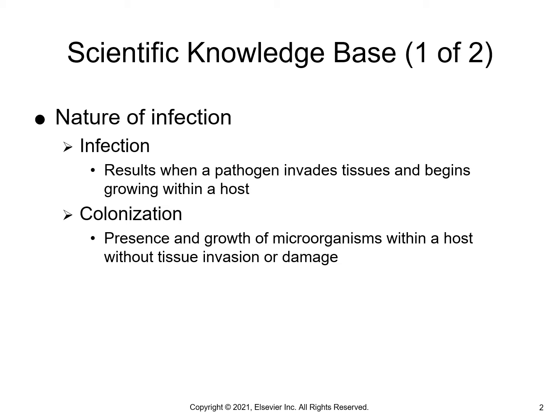And we may have touched upon this earlier, that colonization is the presence of an infectious agent within the host, but it's not reproducing in number that's enough to cause infection.